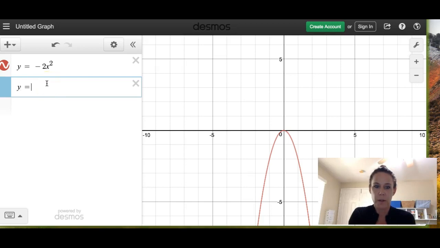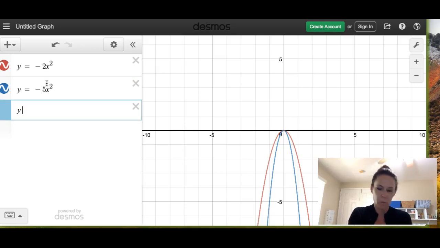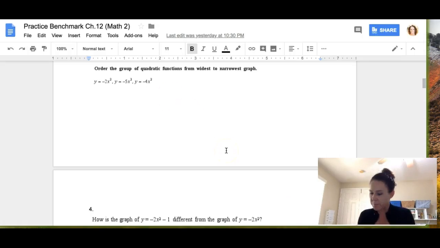Let's look at your second graph, y equals negative 5x squared. There's your second graph, so it is skinnier. That's in blue. And the third graph was y equals negative 4x squared. And that third graph is the green one, which is in between the blue and the red, just like we thought it would be. So let's go ahead and order these.